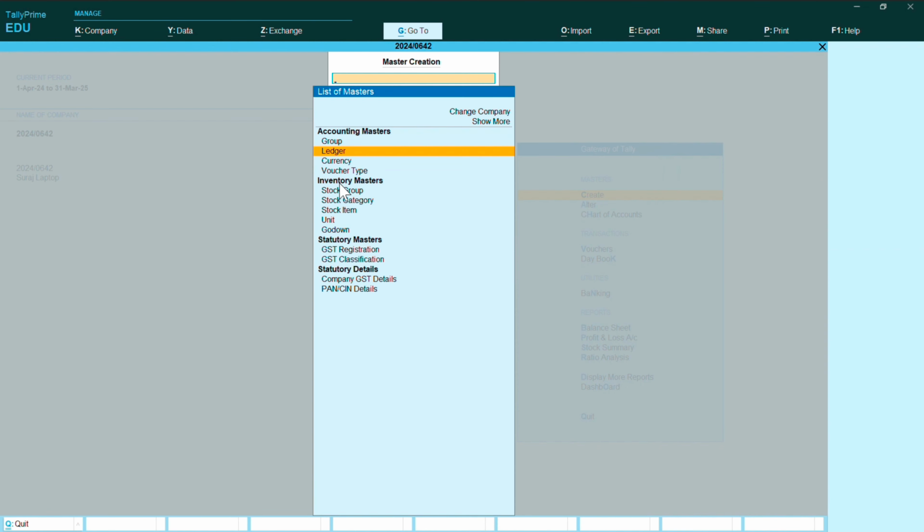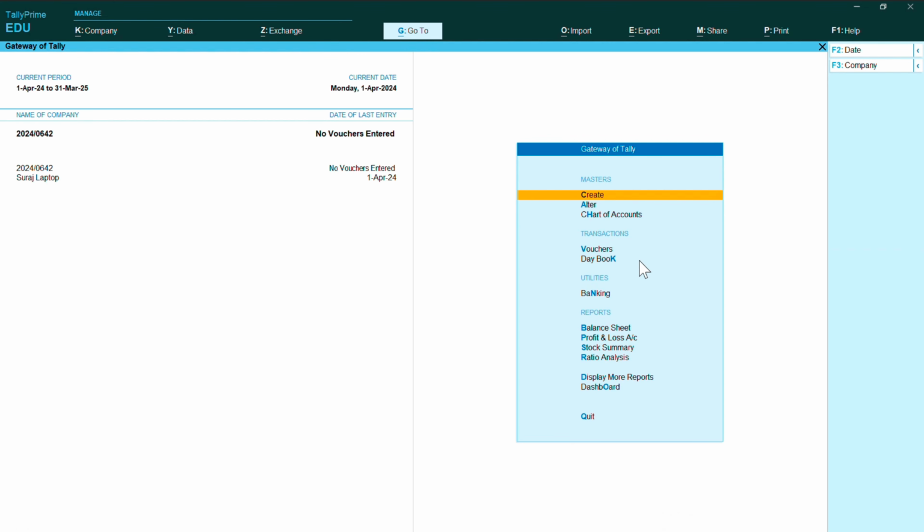Okay, so now we are done with the debtor and creditor part. Let's move forward towards the vouchers.